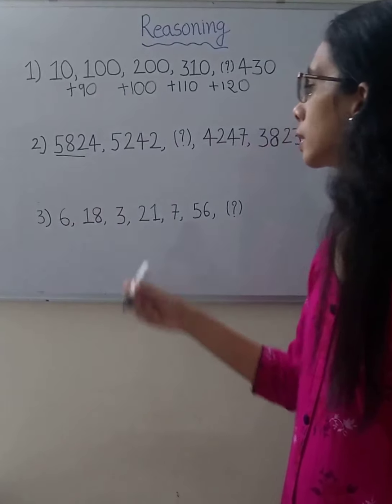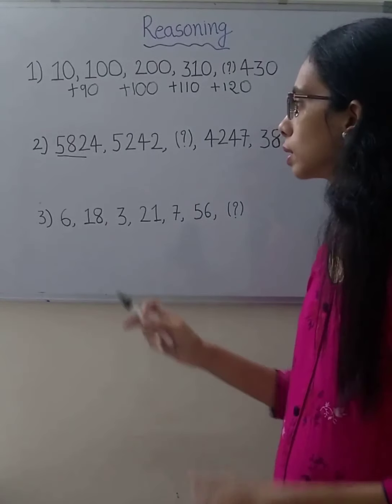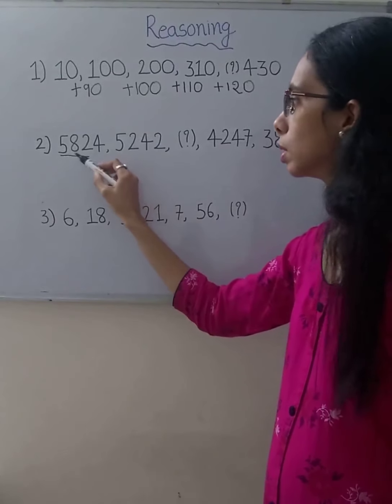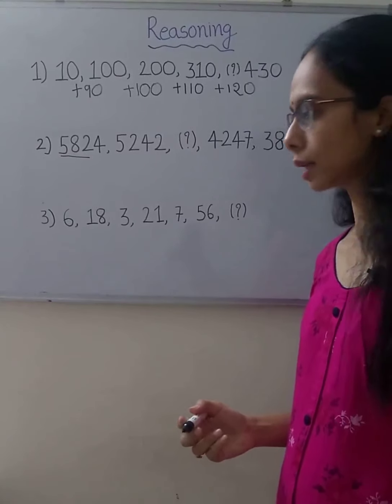Meaning that 5242 is obtained by subtracting 582 from 5824.